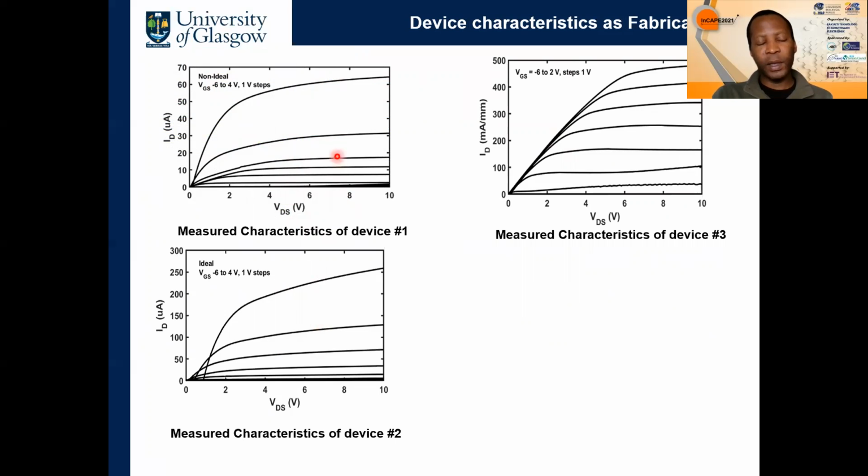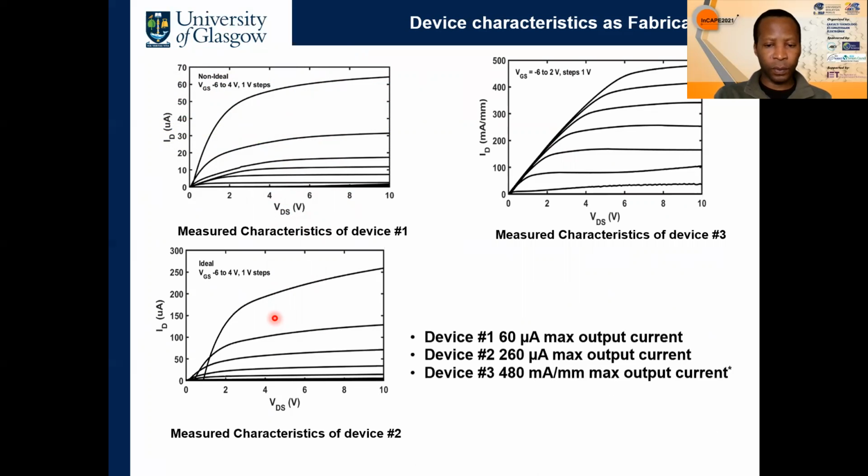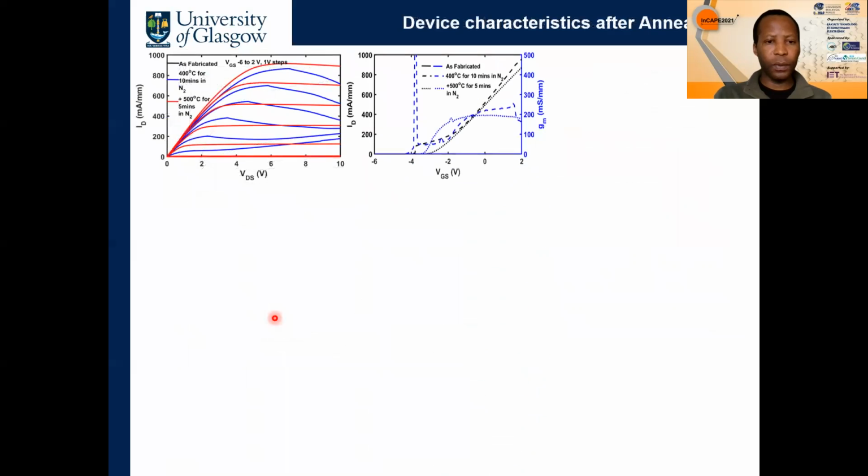To recover the plasma-induced damage on device number 1 and device number 2, a two-step post-gate annealing process was performed using optimized conditions. The first post-gate annealing step was done at 400 degrees for 10 minutes in nitrogen.